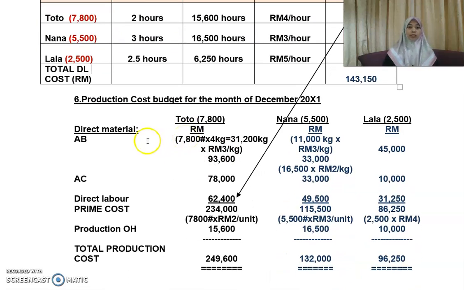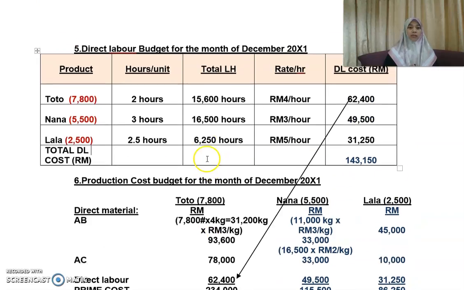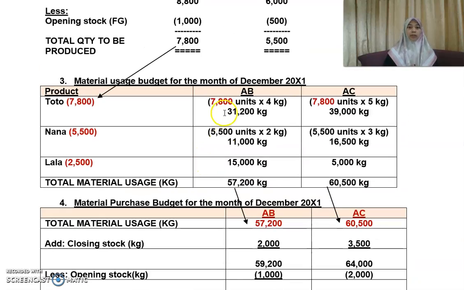For the production cost budget, that will be your elements of cost, your material. So you require the material AB just now, 31,200 and AC 39,000 to produce Toto. You go back to your material budget just now: you require 31,200 kg of AB and 39,000 of AC to produce Toto.